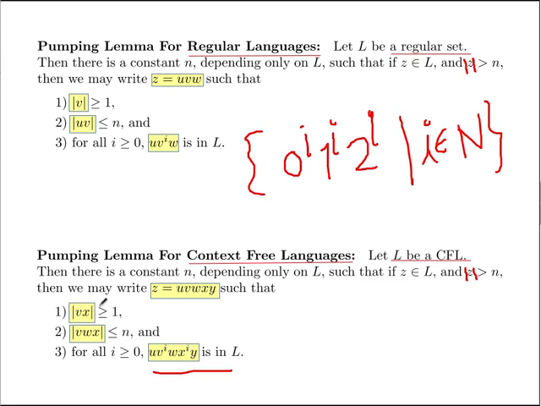That is why it is useful that v and x together have at least one symbol, so that I can get larger and larger strings.